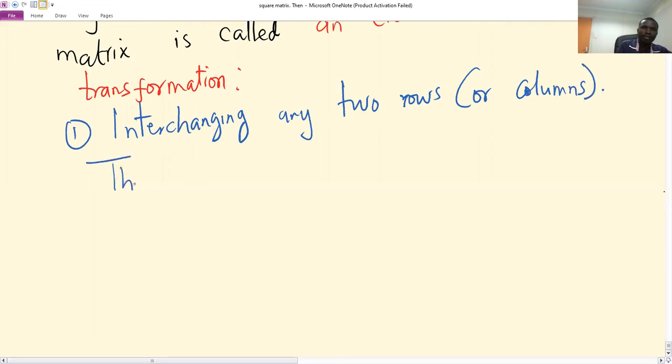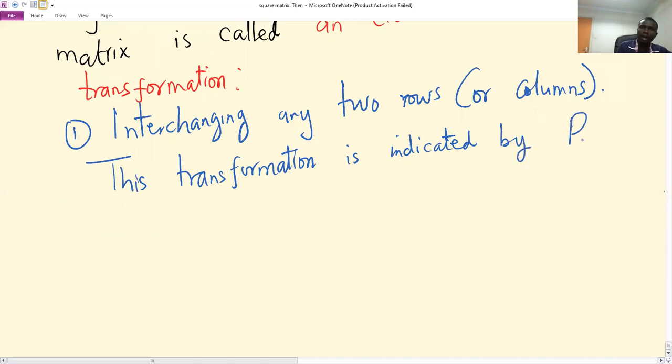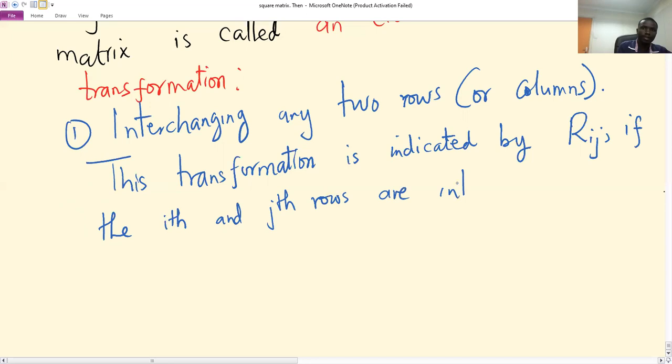This transformation is indicated by R sub ij if the ith and jth rows are interchanged.